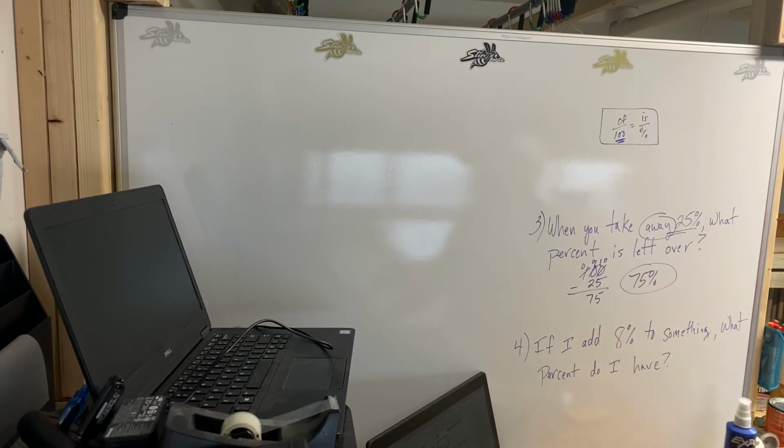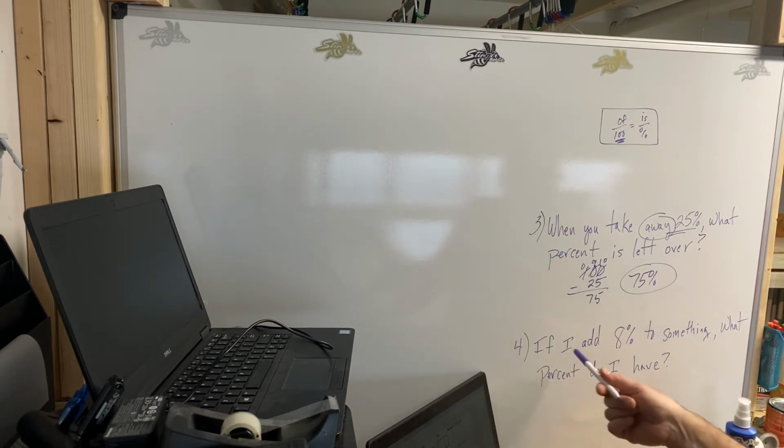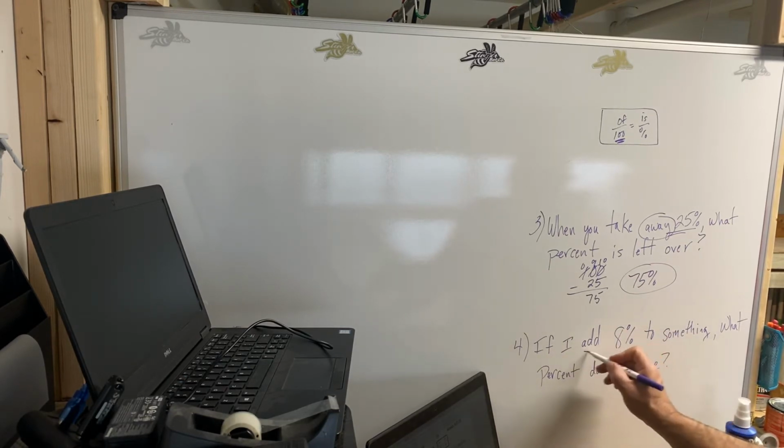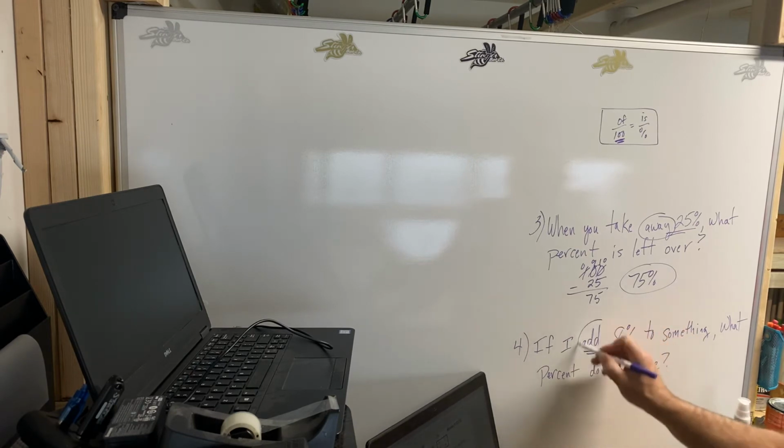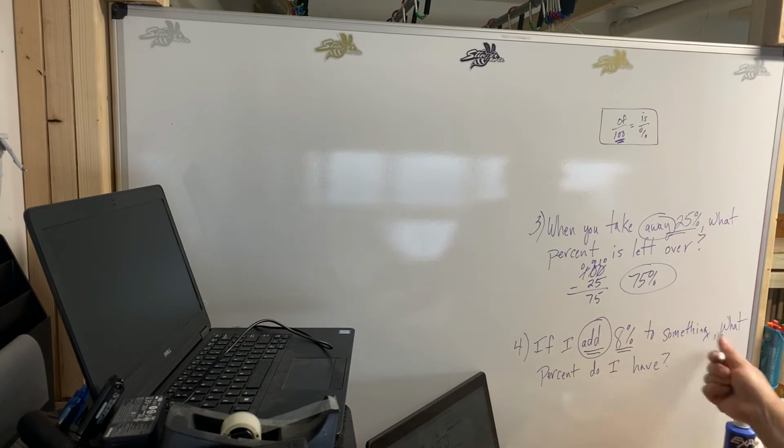Now, let's look at number 4. If I add 8%, so I'm adding 8% to something, what percent do I have? Obviously, if you see the word add or increase, that means you are increasing the amount of percent.